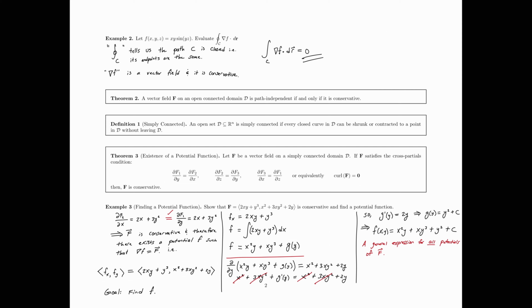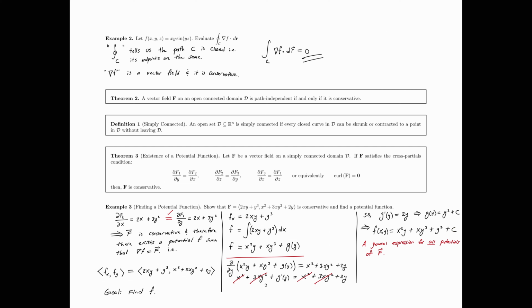Just find one of them. Well, there's an infinite number of potential functions. Why an infinite number? Because since C is just a real number and there are infinitely many real numbers, that means there's infinitely many potential functions. If we just want to select one of these infinitely many, which one should we select? Well, it doesn't actually matter, but why don't we just pick the one where C is 0 to make our life easier?